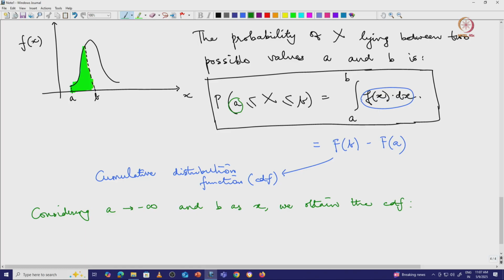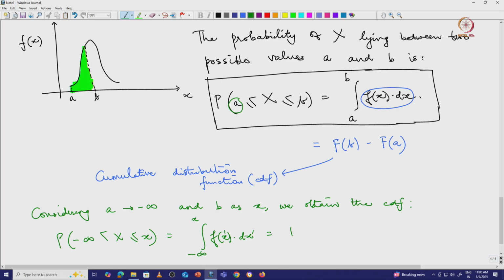Okay. So in other words, the probability that the random variable lies between minus infinity and x, and of course I should not put an equal to sign here, so minus infinity less than capital X less than or equal to x, is the integral from minus infinity to x of f of x times dx.